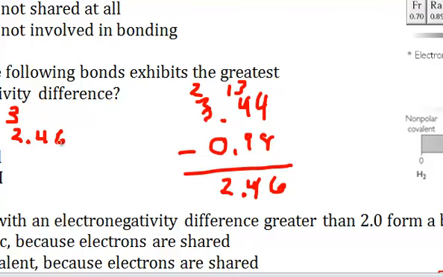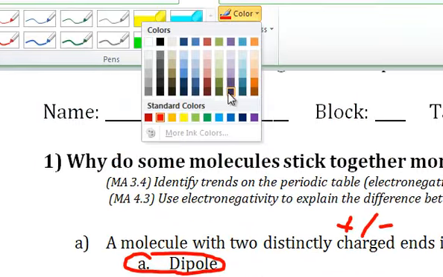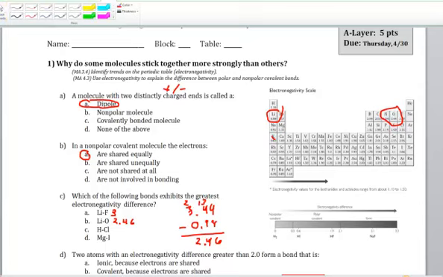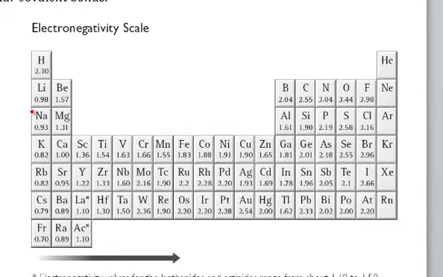Alright, so it seems like so far 3 is the biggest. So let's take a look at HCl. H is 2.1.